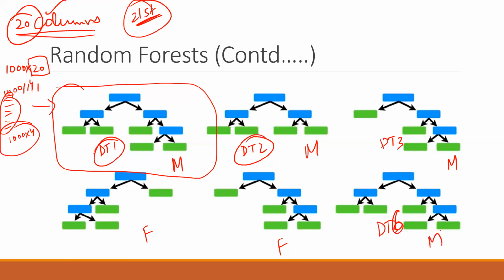So again, you can easily predict that the majority is M, so the output will be M. This is the basic idea behind the random forest. We are making multiple decision trees. The splits are done based on ID3 or the CART model. Irrespective of the different models being used, the classification has to be done through ensembling.